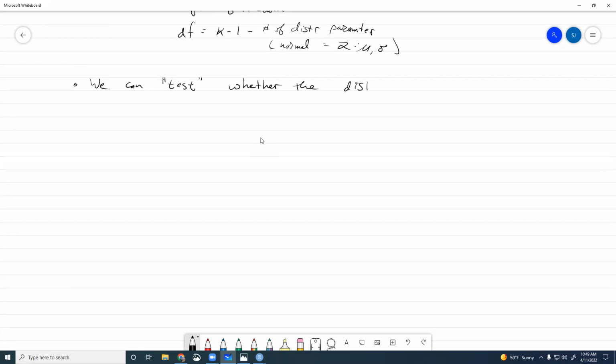Whether the distribution of our data is significantly different from, in this case, the normal distribution, but it could be any distribution.